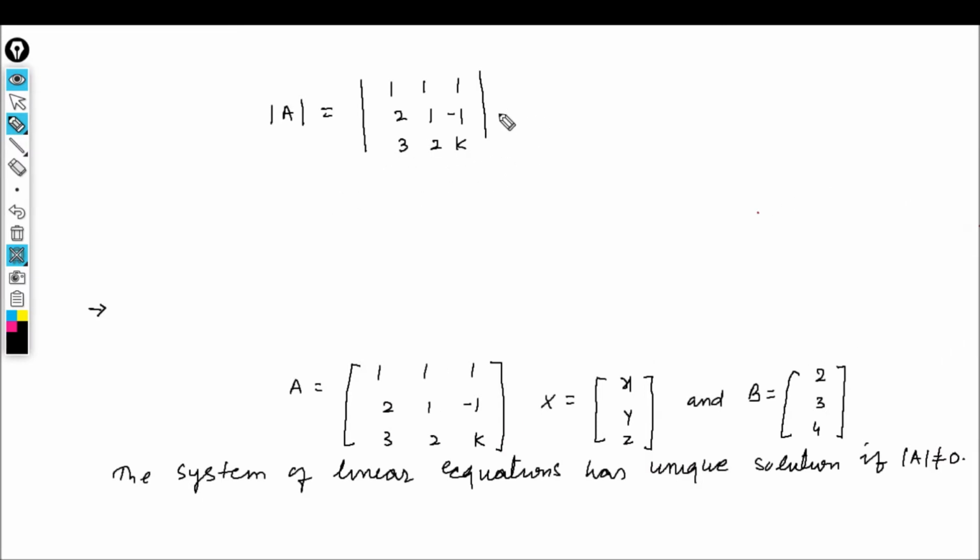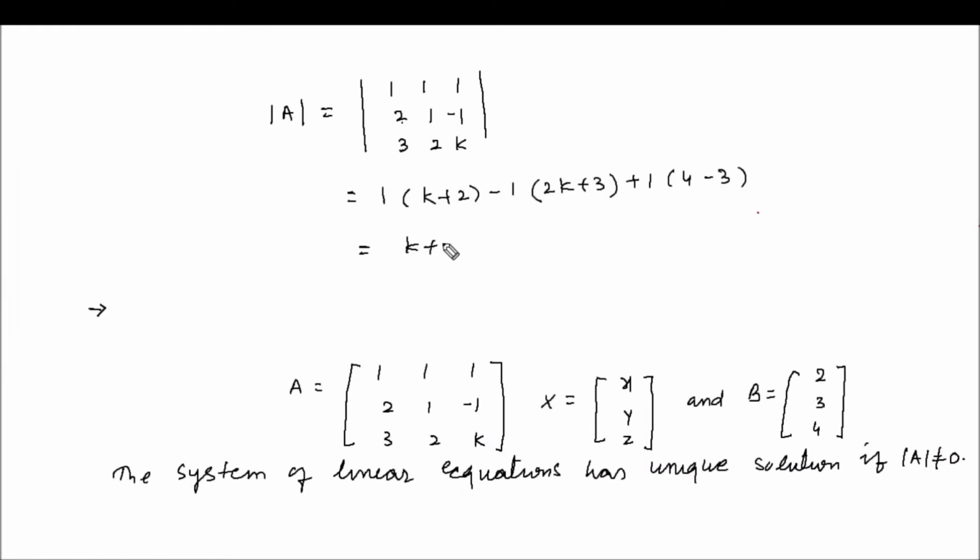So let us solve this determinant, expanding along the first row. 1 into (k plus 2) minus 1 into (2k plus 3) plus 1 into (4 minus 3). So this is equal to, बच्चों, k plus 2 minus (2k plus 3) plus (4 minus 3).